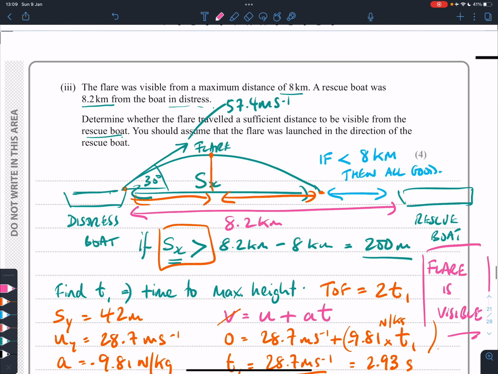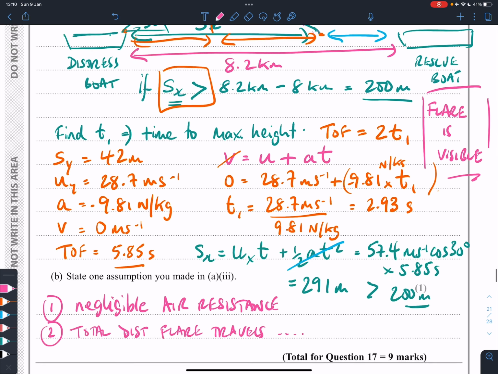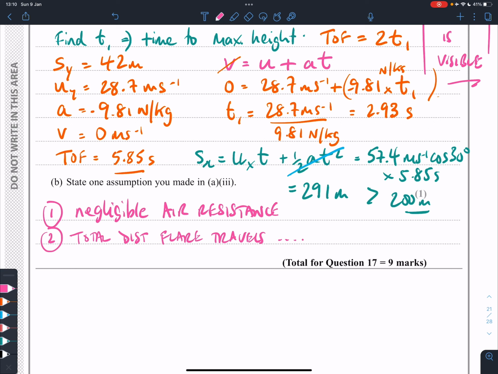Because it mightn't be the total distance, because actually what you really want is maximum height. Because obviously if it's now falling, does it matter really? It might not be really visible from a great distance. So I think you could say total distance the flare travels is the important factor.